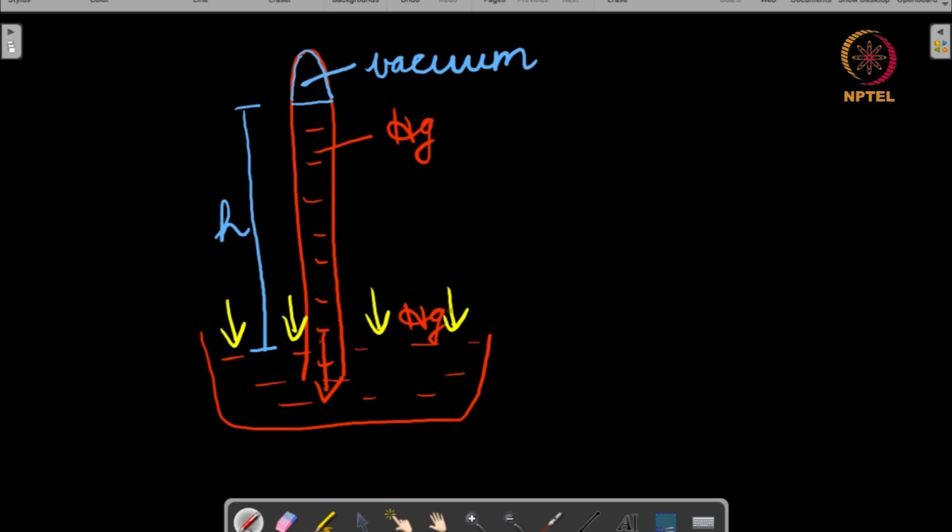And so the height of this mercury column can give us the atmospheric pressure. If the pressure increases, then this height would increase, the amount of vacuum would reduce. If the pressure reduces, then the height will go down.